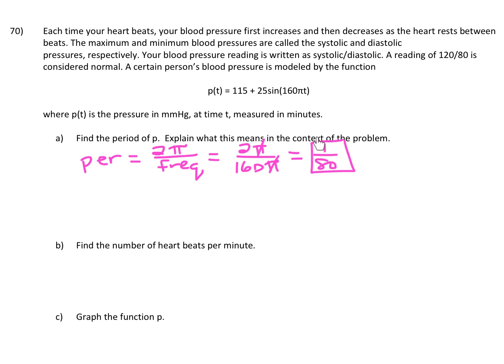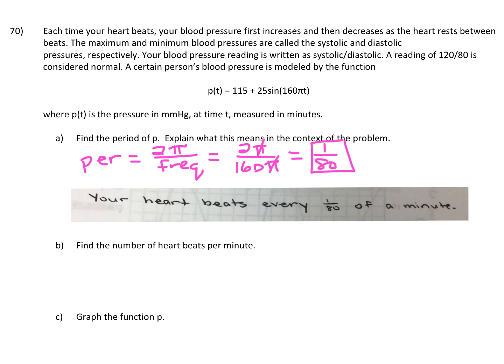So basically this 1 over 80 means that it takes 1/80th of a minute for your heart to beat, okay? In other words, your heart beats 80 times per minute. But if you want to use this number 1 over 80, it really just means your heart beats every 1/80th of a minute. Okay, so there we go. You just put that into words.